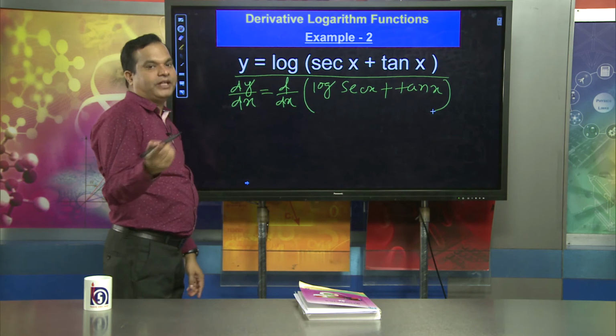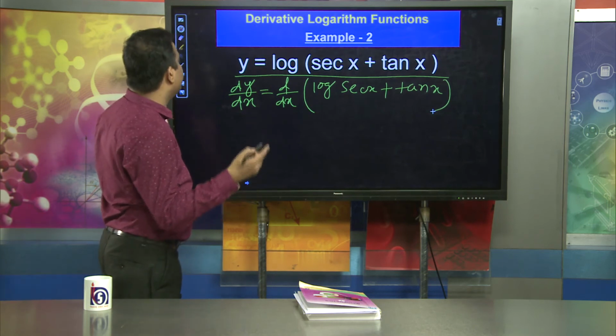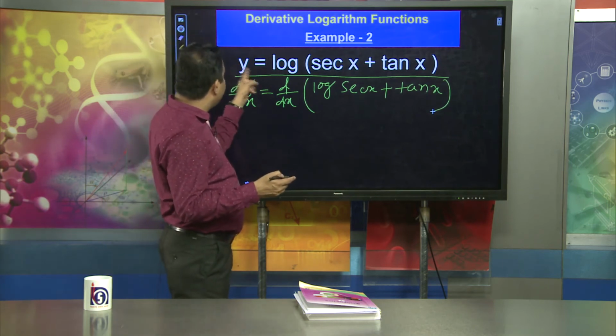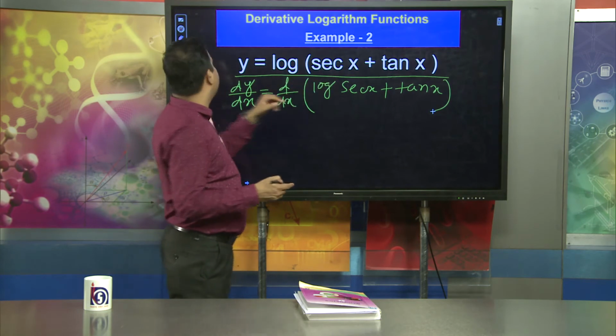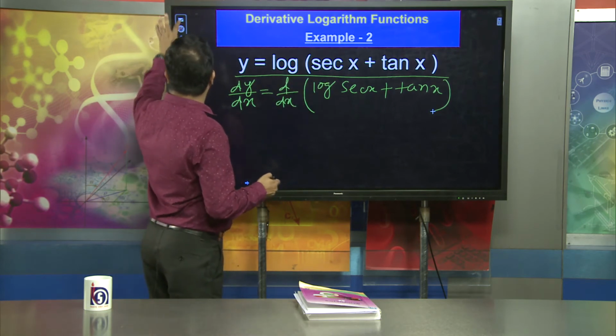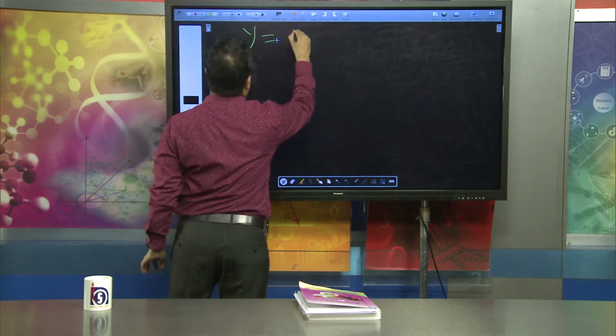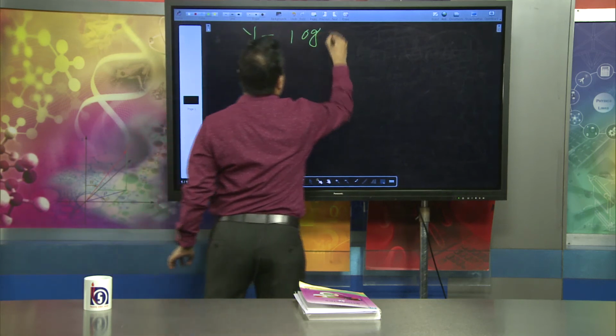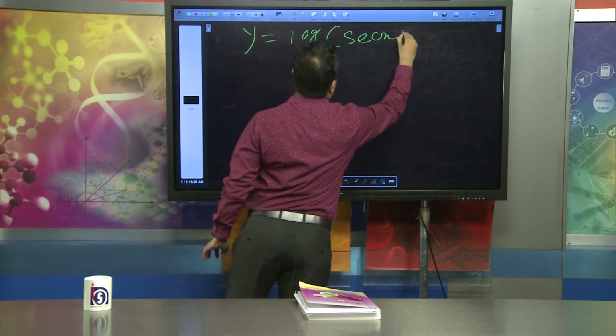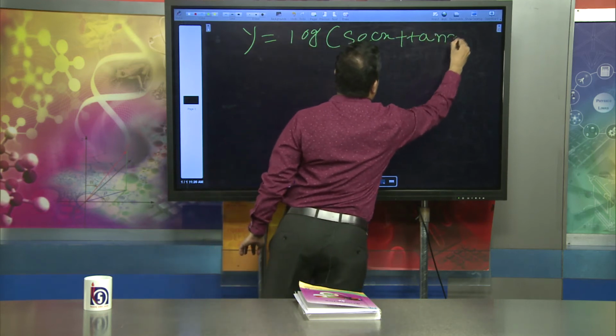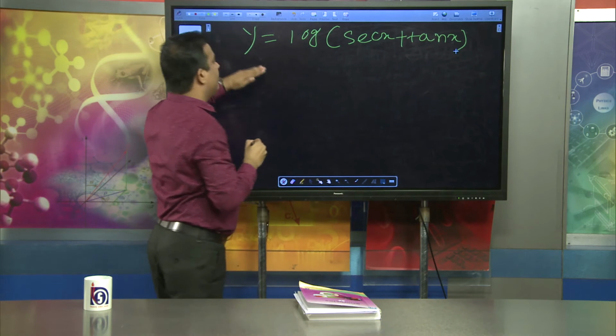How will we find it? A very simple formula. Suppose y equals log of sec x plus tan x. This is the question, and we are going to find dy by dx.